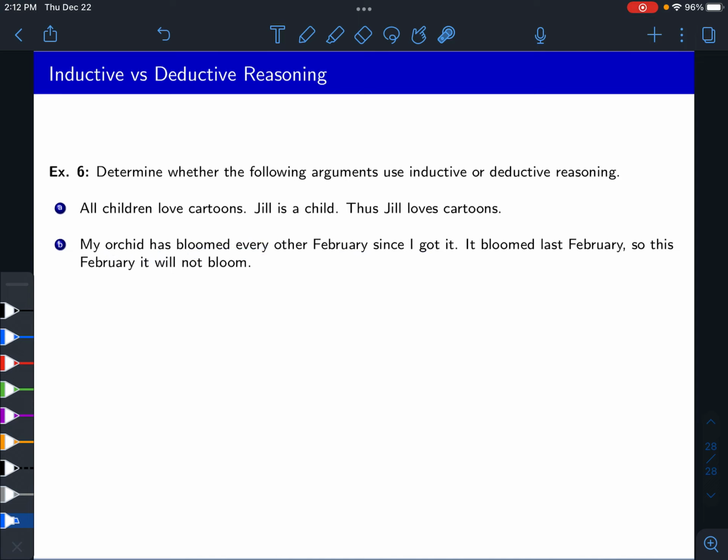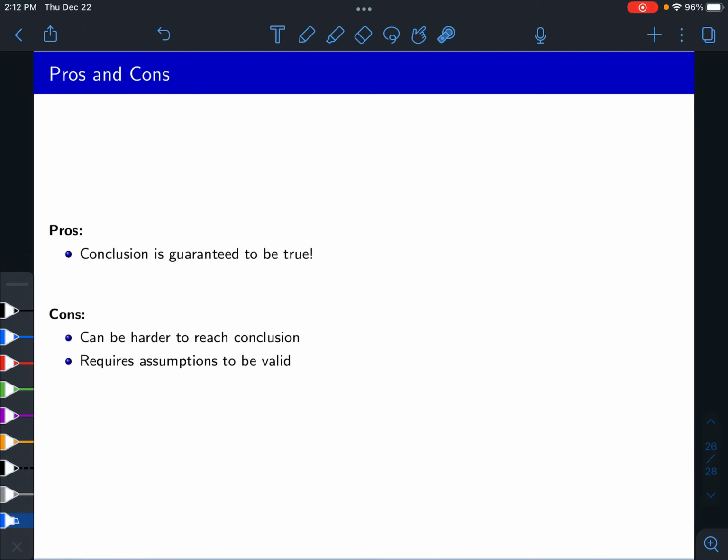You could turn the orchid statement into a logical statement too: if the orchid blooms every other February and it did not bloom last February, then this February it will not bloom. So you could turn this into something where you could make a deductive argument. But as it's written right now, you are making the assumption on your own. The assumption is not being given to you, and so this is inductive reasoning.